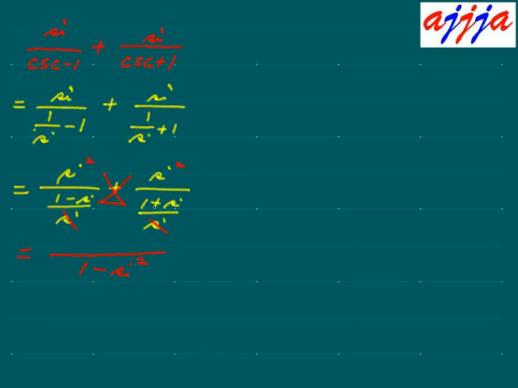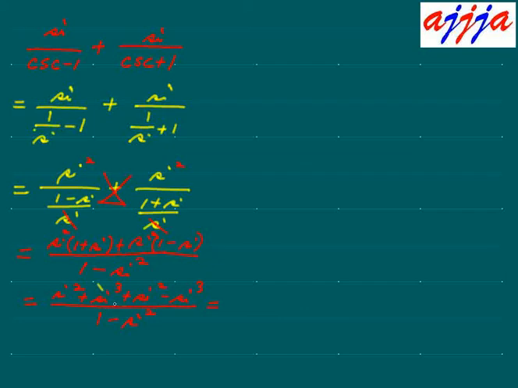Now the top: this one times this one, sine times 1 plus sine, plus, right hand side, sine times 1 minus sine. Actually this one is sine squared, this one also sine squared, right? That's it. Just like that. Equals.